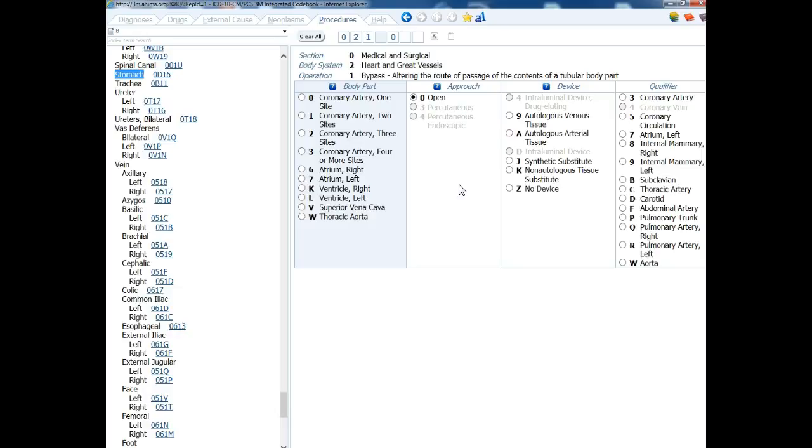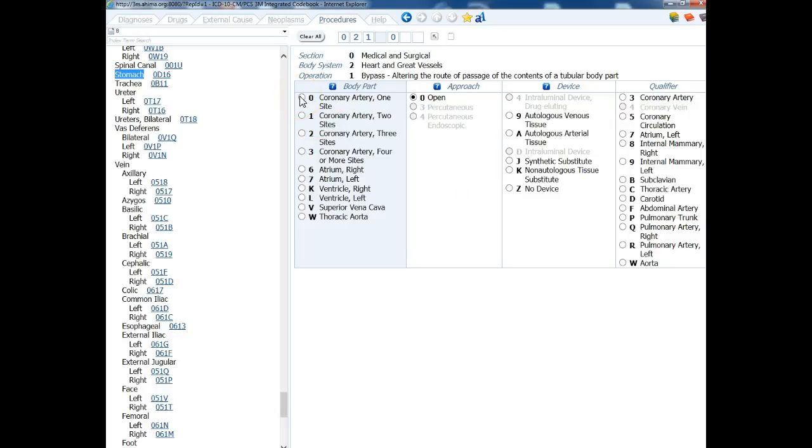We have excision of the right greater saphenous via percutaneous endoscopic approach, and that's important because we also have to code the harvesting of that saphenous, and that approach is percutaneous endoscopic. And we also have a left internal mammary coronary artery bypass. We're going to have 3 codes for this.